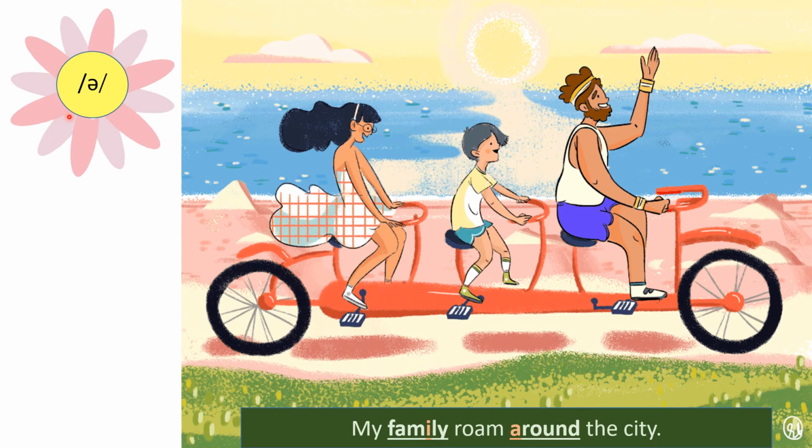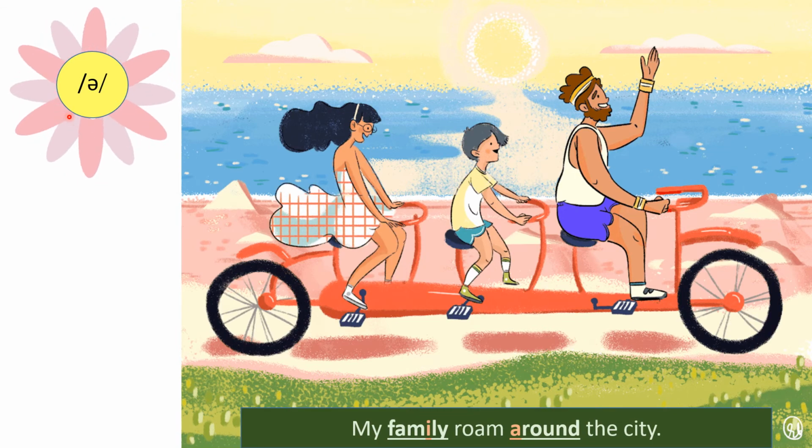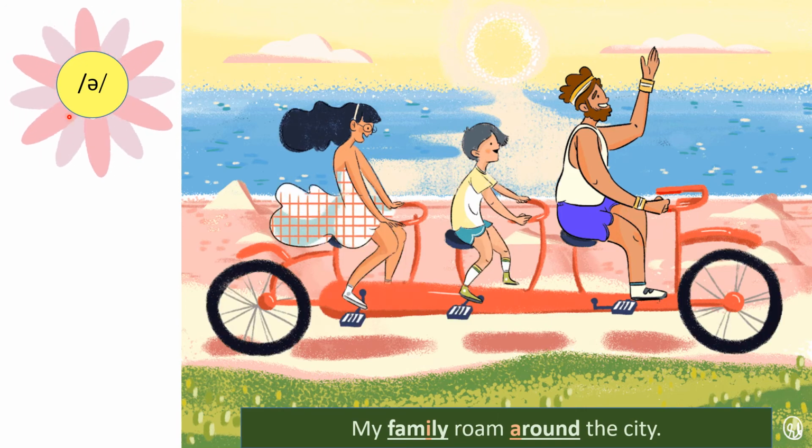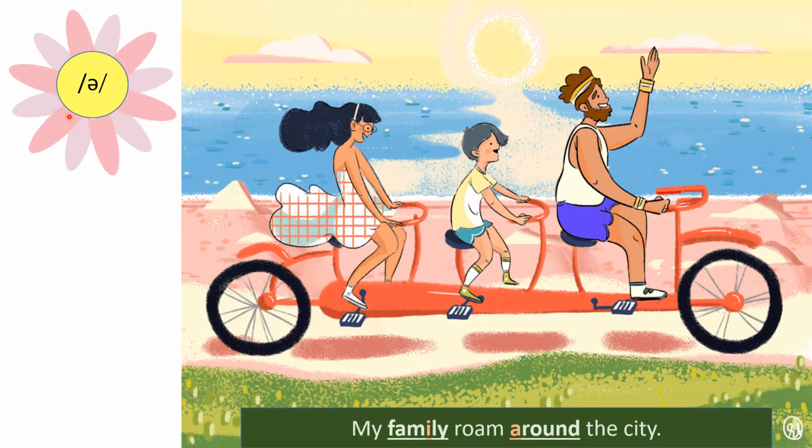It only appears on unstressed syllables, and it can be spelled with any vowel letter, meaning to say the letters A, E, I, O, and U can sound like schwa.